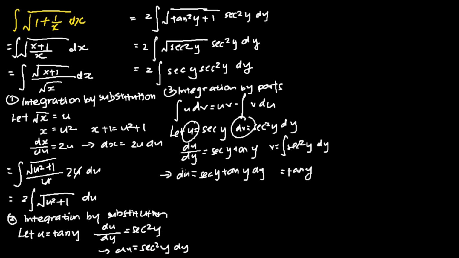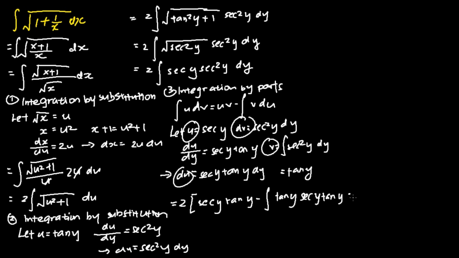Once I found my u, du, v, and dv, I can apply the integration by parts formula to move on to the next step. I get the following: 2 times u, which is secant y, times v, which is tangent y, subtracting away the integral of v, which is tangent y, times du, which is secant y tangent y dy.